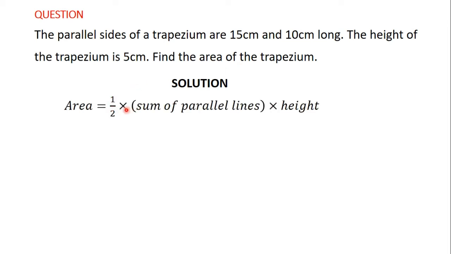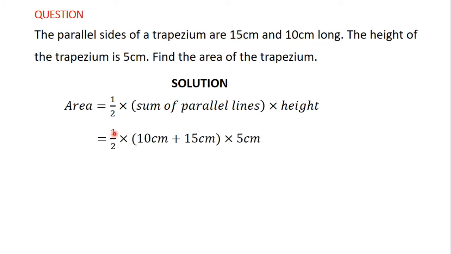The area of a trapezium is equal to half times the sum of the length of the parallel lines times the height. In this question, we were given the length of the parallel sides as 15 centimeters and 10 centimeters.